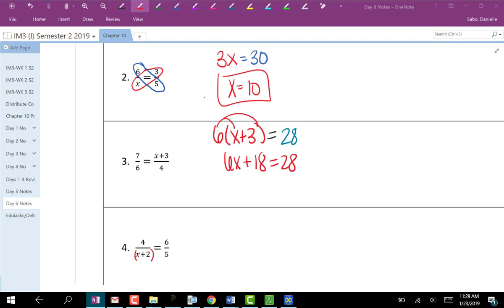Take a minute and see if you can continue solving. Hopefully solving is not too difficult for you. You're going to get a fraction or decimal, and don't worry, it's okay.